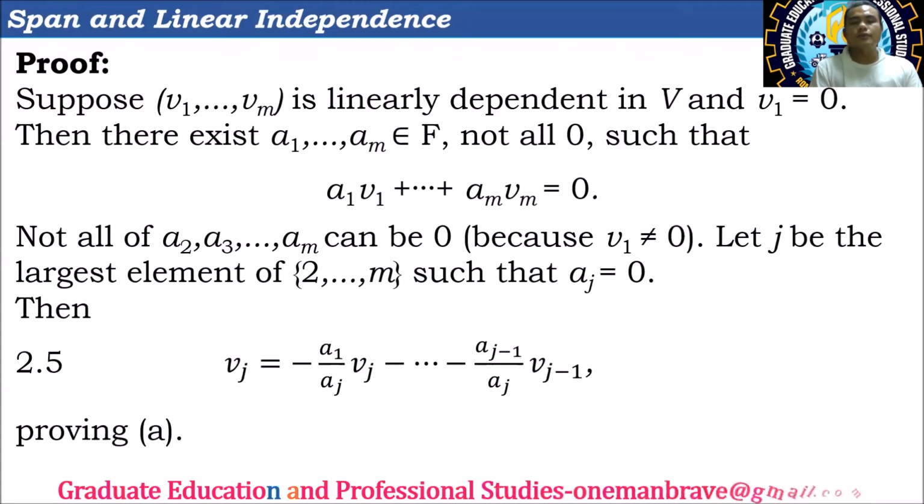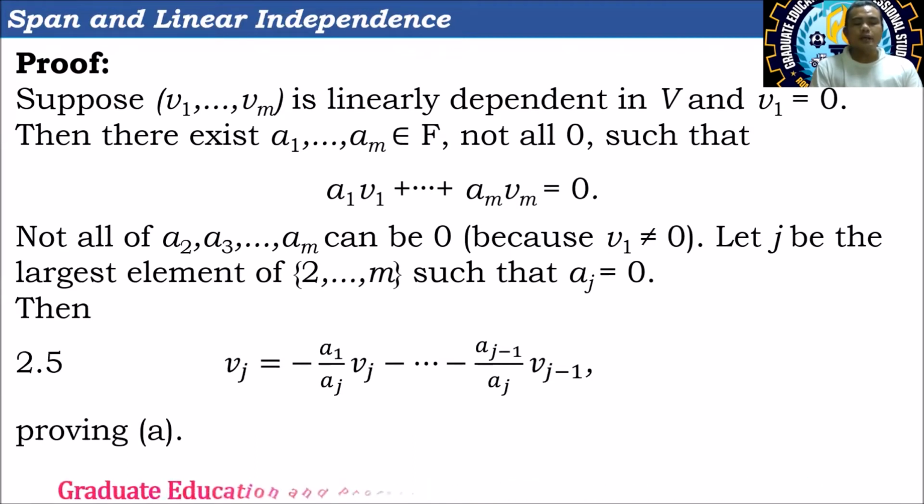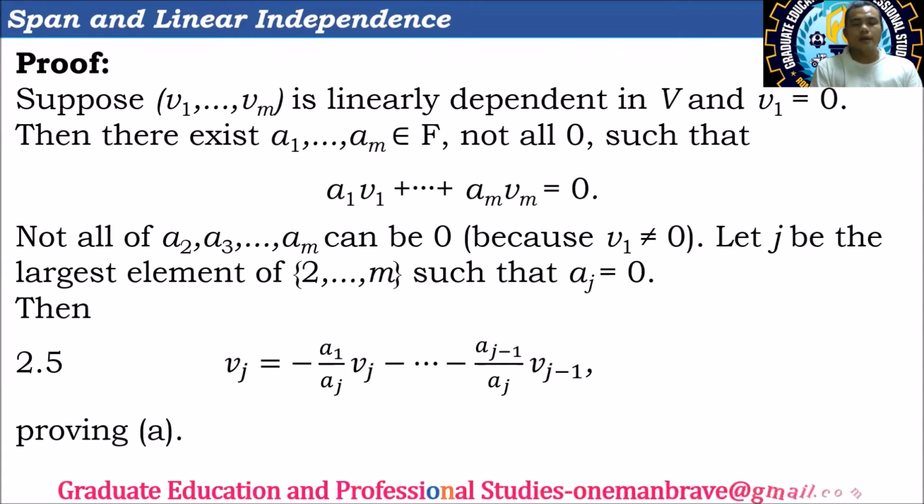So that proves letter A. Letter A tells us that vj is an element of the span of v1 to v_{j-1}.